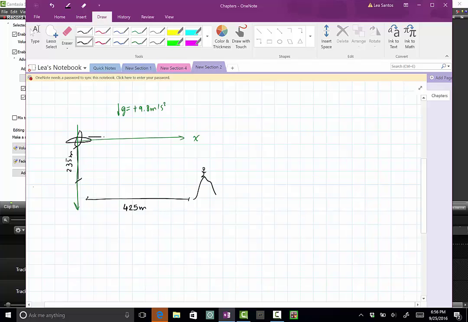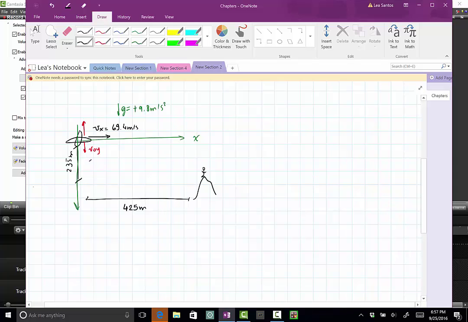Well, the velocity of the plane in the horizontal did not change. It's still 69.4 meters per second. Now, to guarantee that the goods will reach those people, I'm going to give an additional velocity in the y direction. I do not know yet if it's down or up, and this is what we want to find.